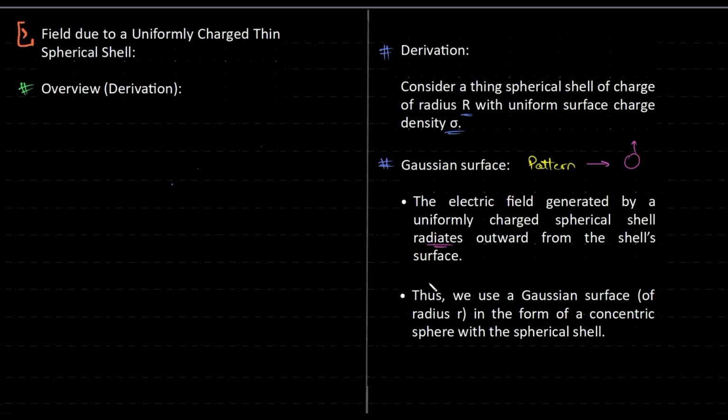We have done all of this theory part, so you should be able to apply it now. Thus, we use a Gaussian surface of radius small r in the form of a concentric sphere with the spherical shell. That is, they share the same center. If this is your sphere, with respect to this we have the Gaussian surface.